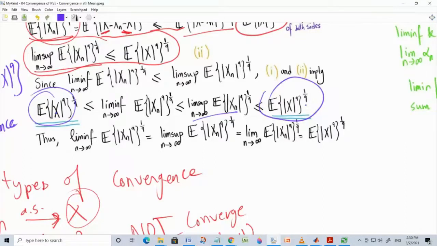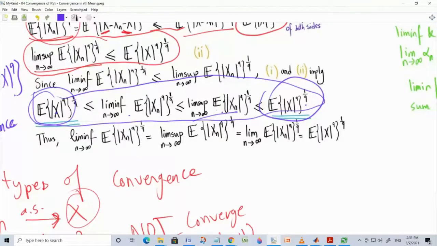So what does this mean? Every quantity that you see in this chain of inequalities is exactly equal. So limit infimum is equal to limit supremum, and there is a theorem: if limit infimum is equal to limit supremum, then the limit exists. In other words, the limit exists if and only if limit infimum is equal to limit supremum.